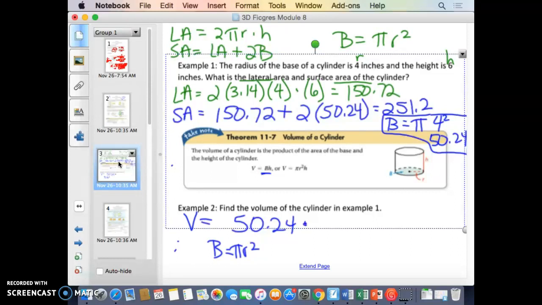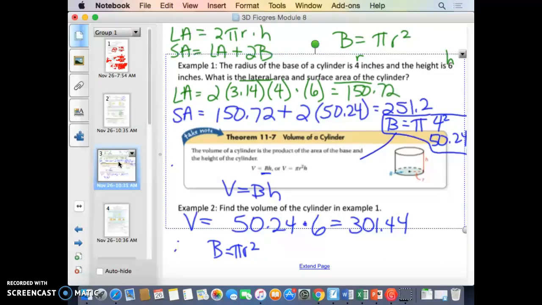The height in this case is 6. When you put that in your calculator, you get 301.44. So remember, volume equals base times height. And again, your base is pi r squared, which we figured out right here.